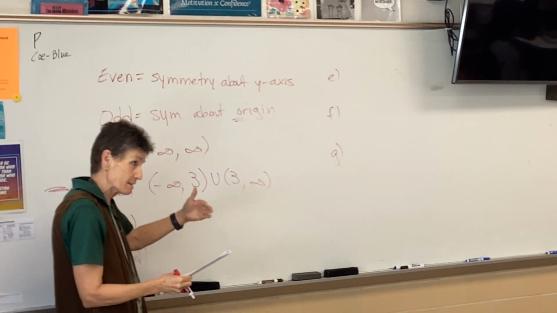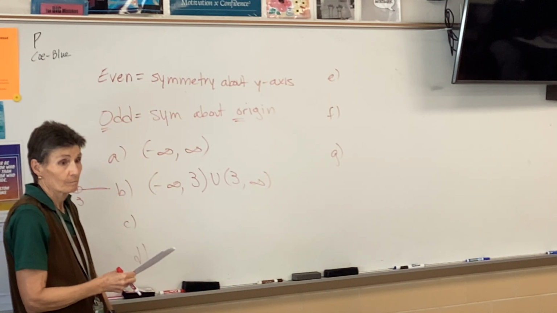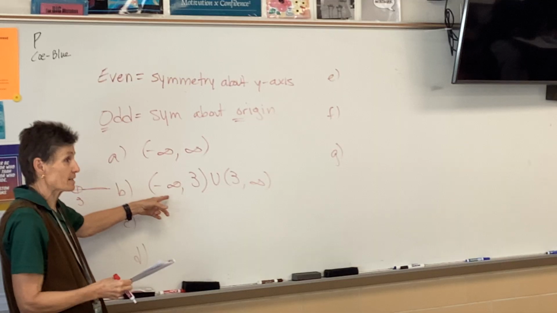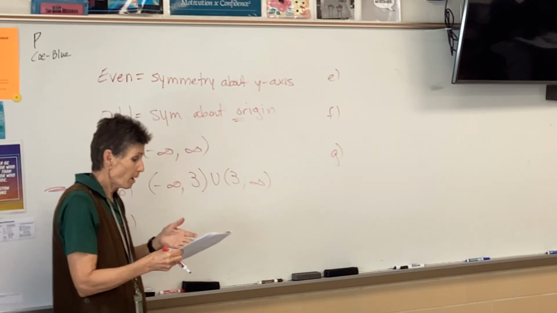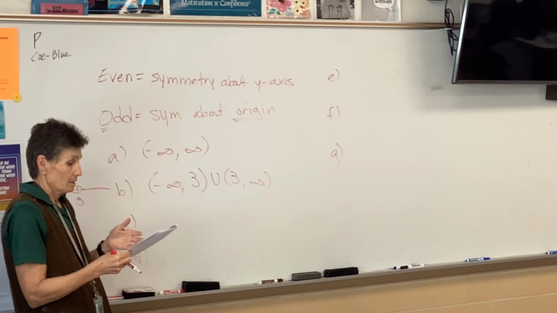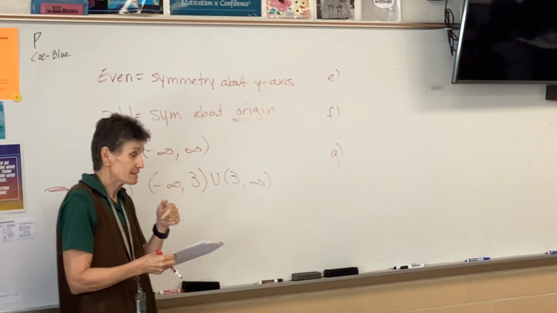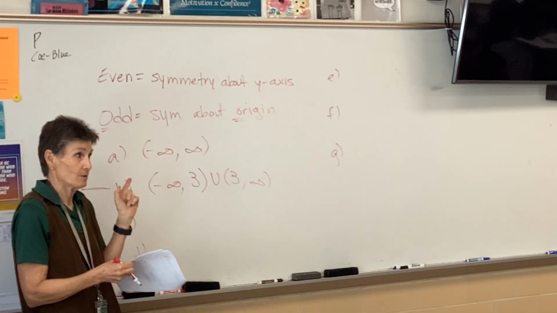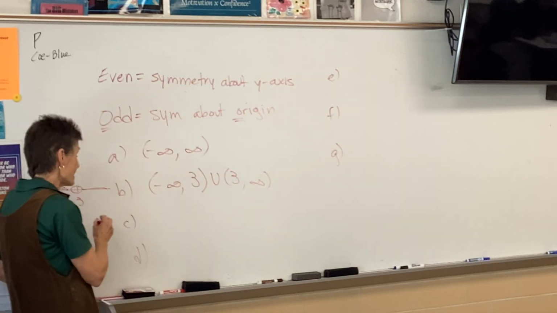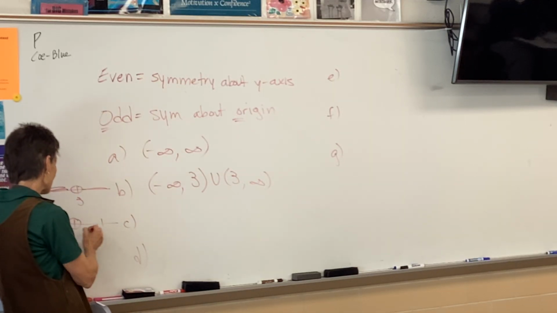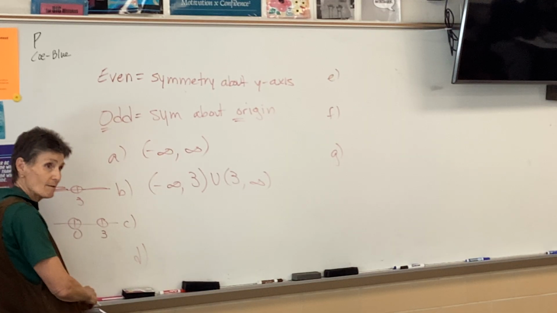Now, can you do something similar for C? 3 is called an excluded value. You can't have 3. Look at problem C. Is 3 still an excluded value? Is there any other excluded value? 0. So in problem C, you can't have a 0 and you can't have a 3. Does that make sense to everybody?